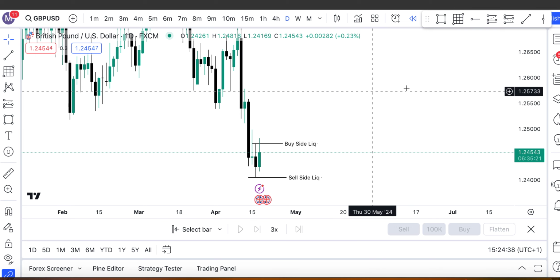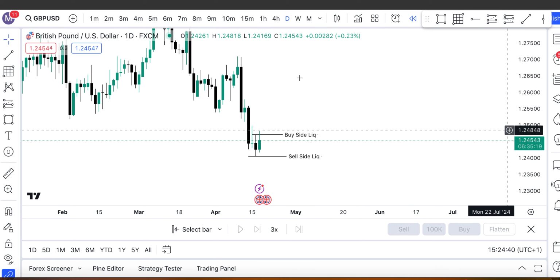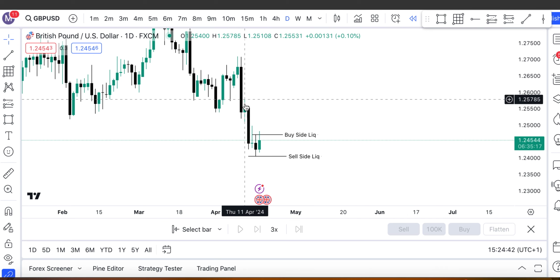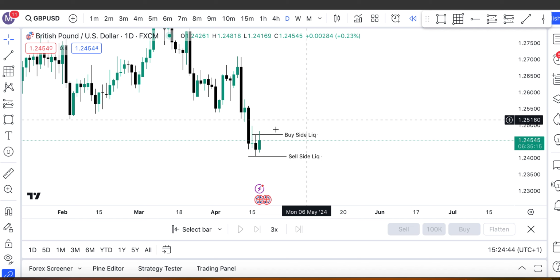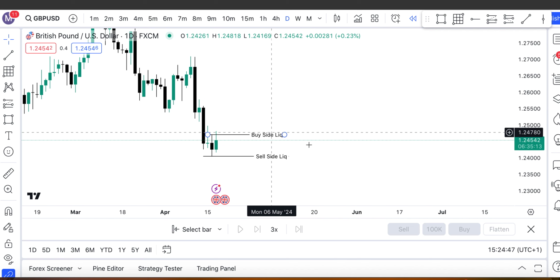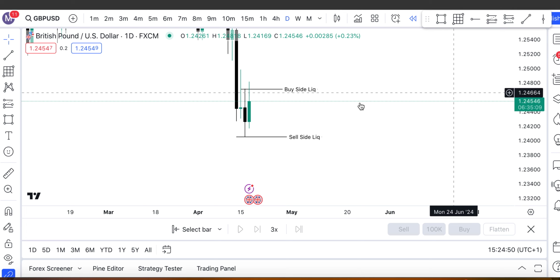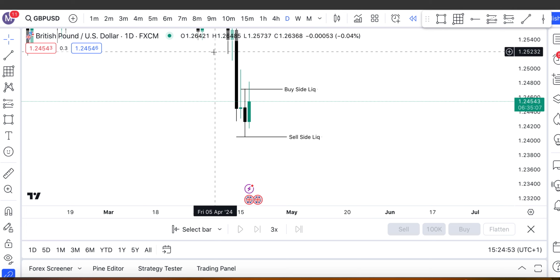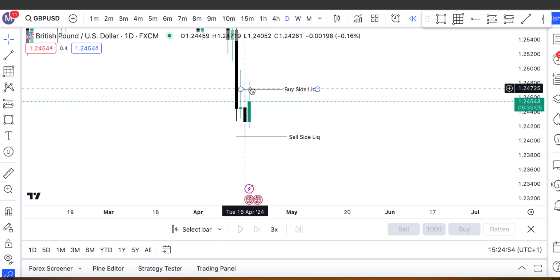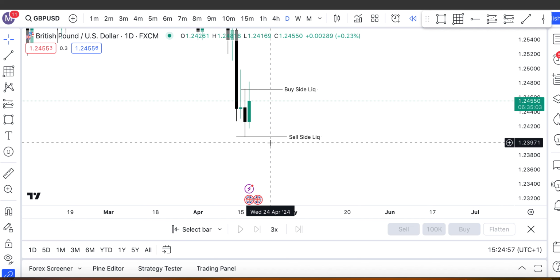And what is the current trend on the daily time frame? Bearish. We're bearish. So ideally, coming into this day, we want to be looking for shorts. So if we're looking for shorts, then we want to ideally be trading towards this sell side liquidity.